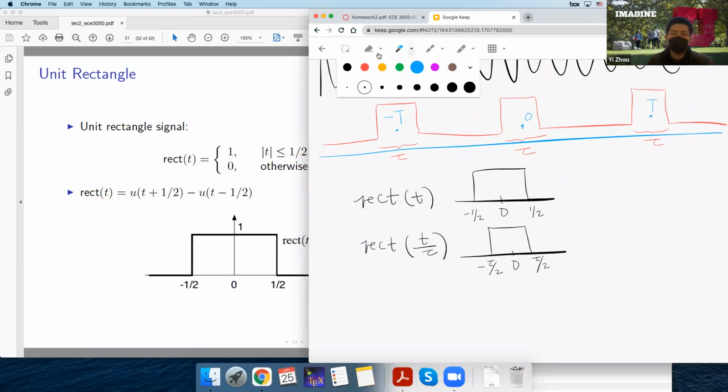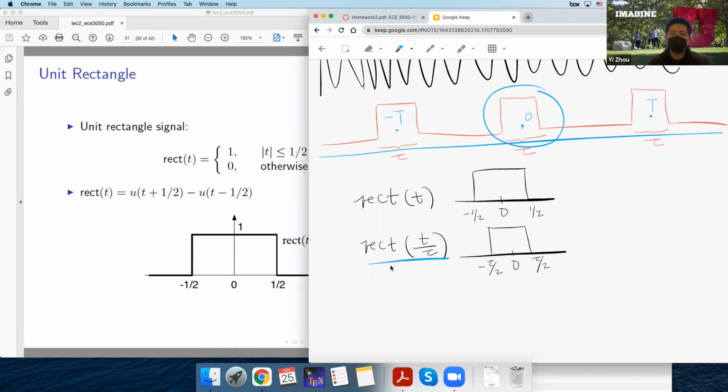Okay, so to generate that, this part is basically this signal, centered at 0 with duration tau. So the first copy of the window centered at 0 is basically rectangle of t over tau. And then I need to generate this copy, which is this centered window shifted to the right by T units.